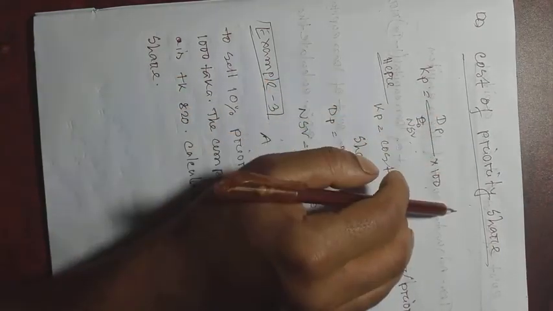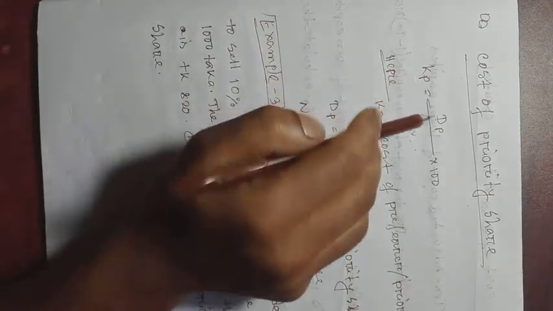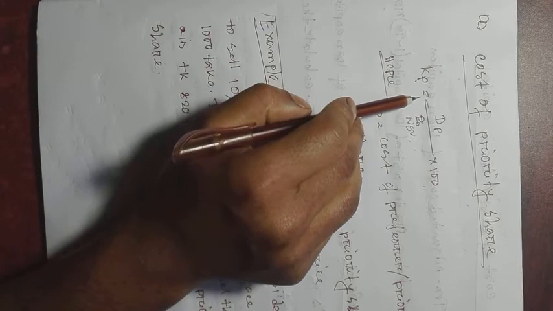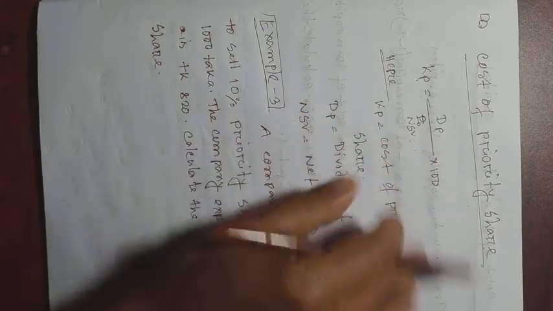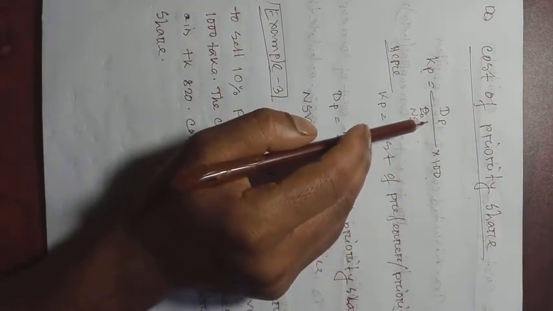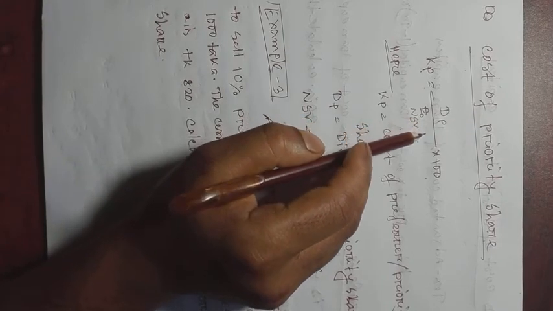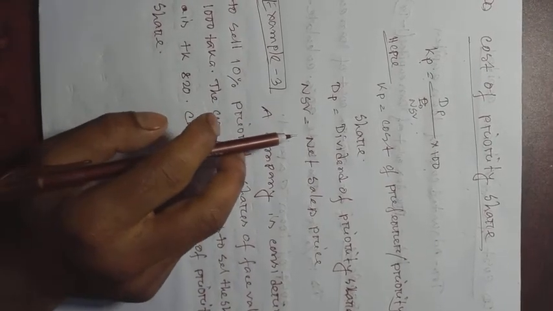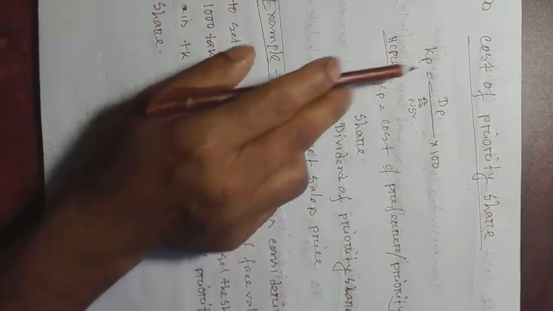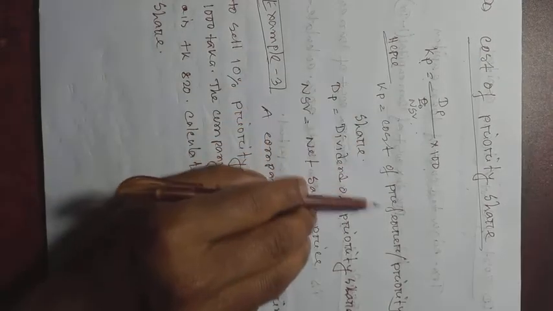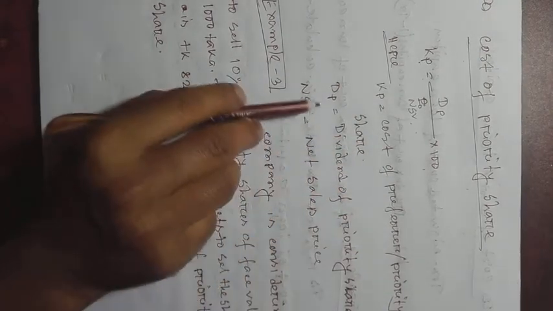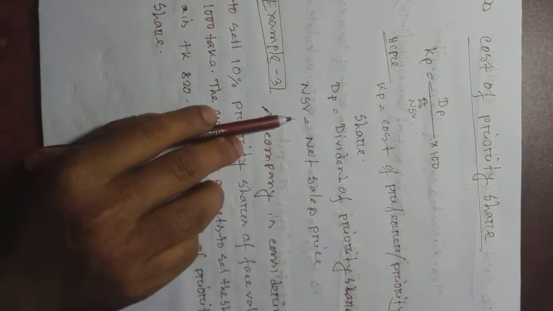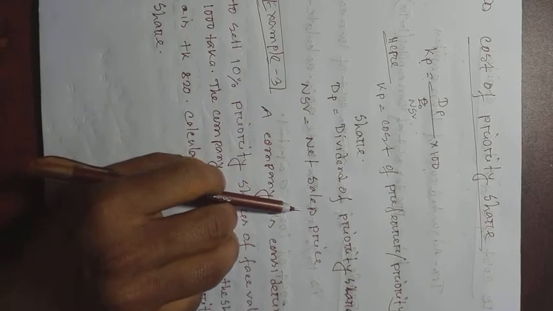Here the cost of priority shares is presented by Kp. Kp means the cost of priority shares is equal to DP divided by NSV, where DP is the dividend of preferred shares and NSV is the net sales value.